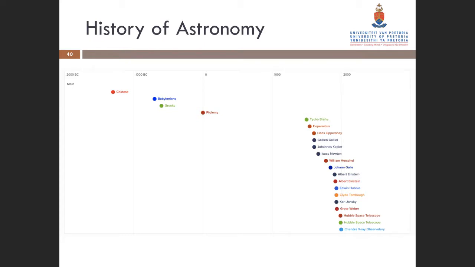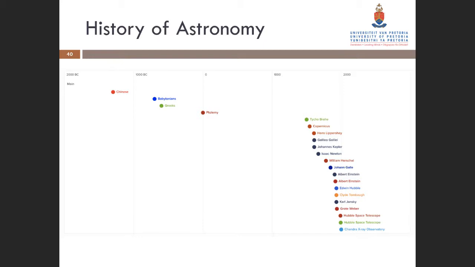Going further, we start looking at the history of astronomy. The Chinese began astronomy back in 2000 BC. In 1000 BC, the Babylonians and the Greeks also got interested in astronomy.